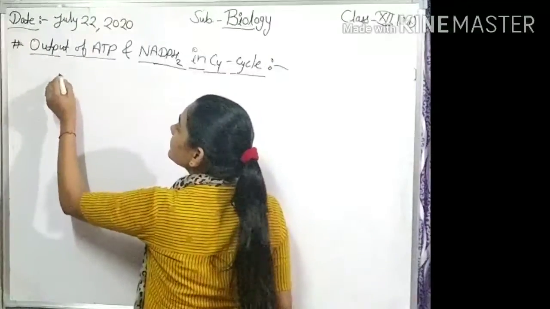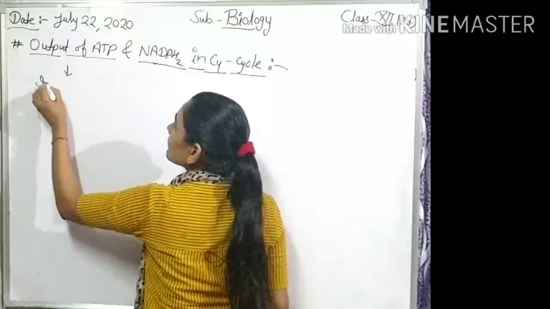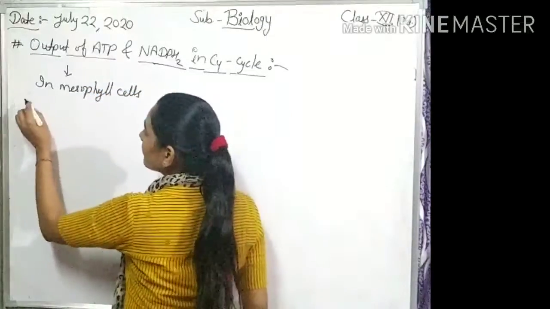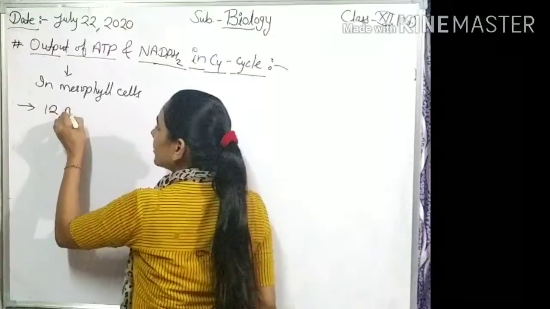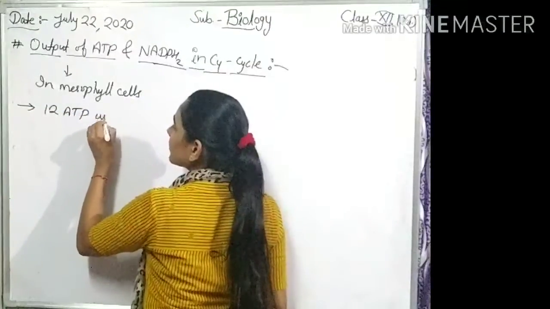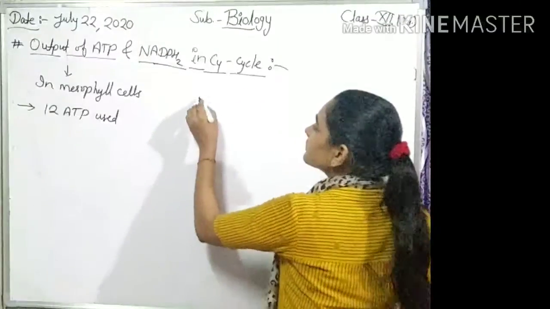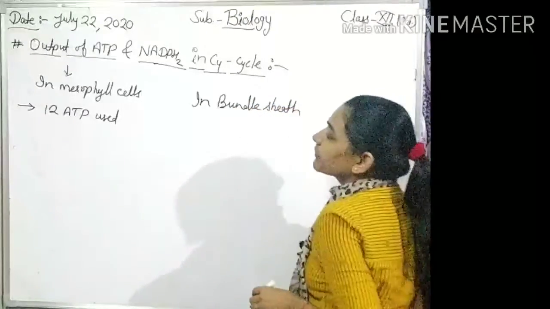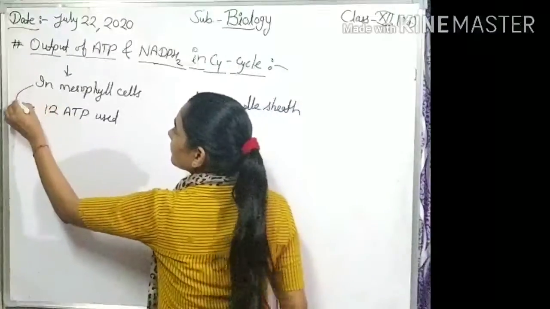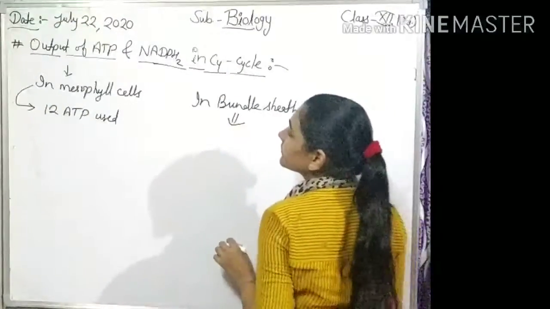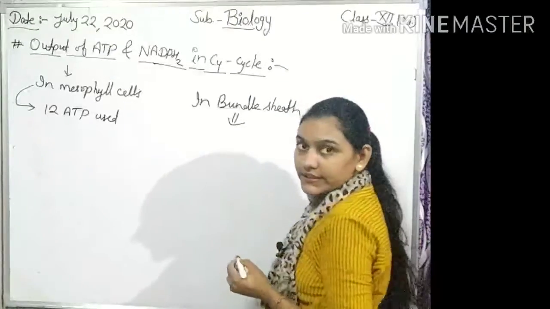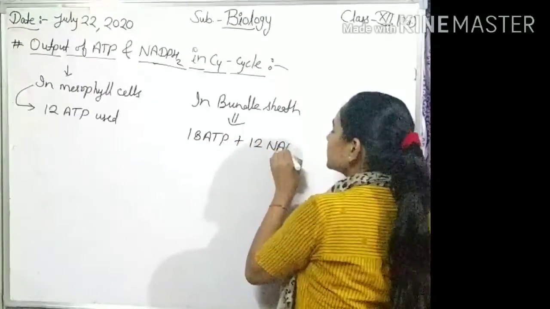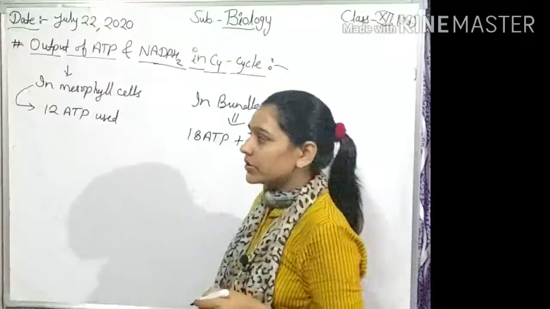As you know, in mesophyll cells ATP is used, and in bundle sheath parenchyma, due to the C3 cycle, 18 ATP plus 12 NADPH2 are utilized.